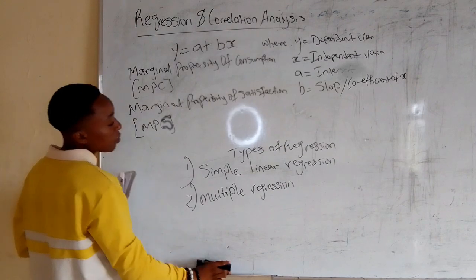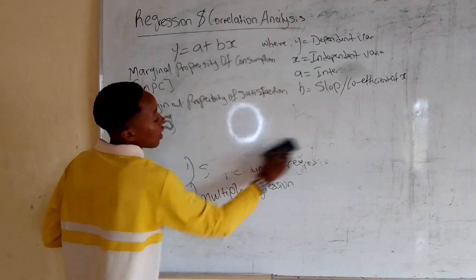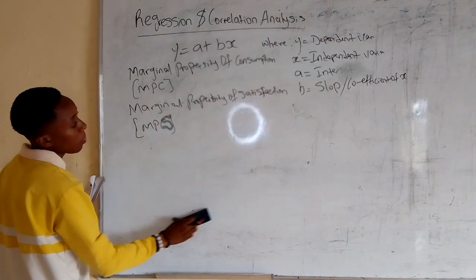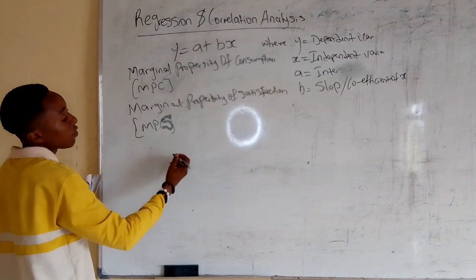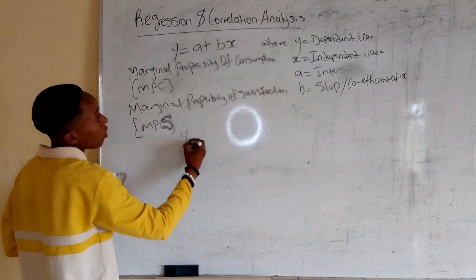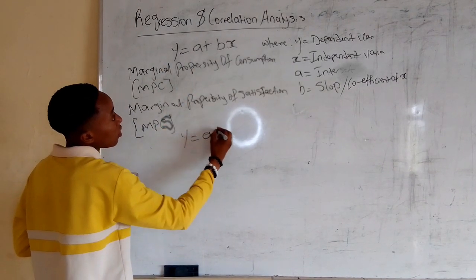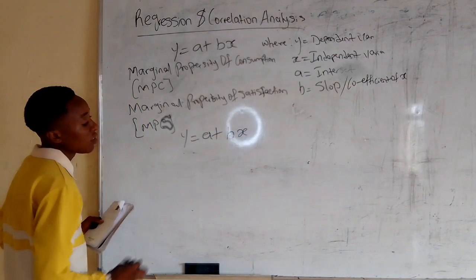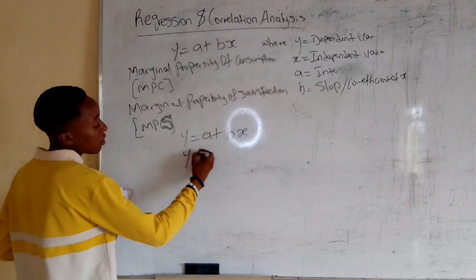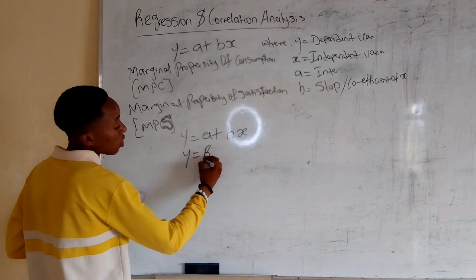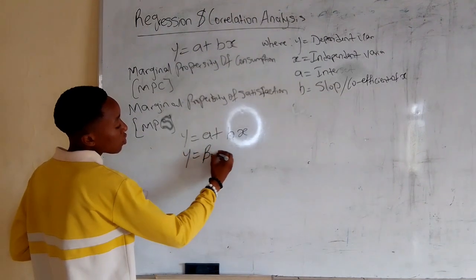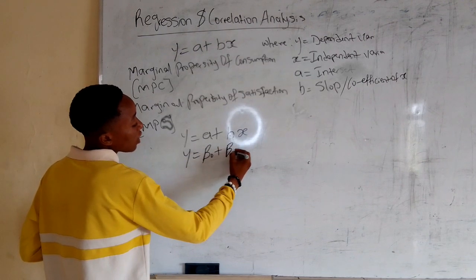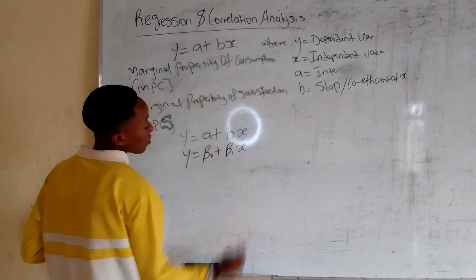Then this same formula can further be written, instead of y equal to a plus bx, as y equal to beta naught plus beta 1 x.